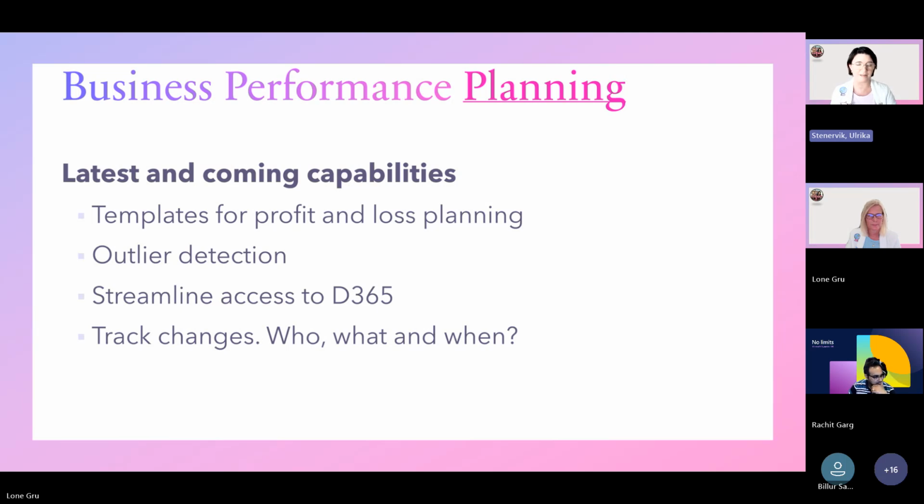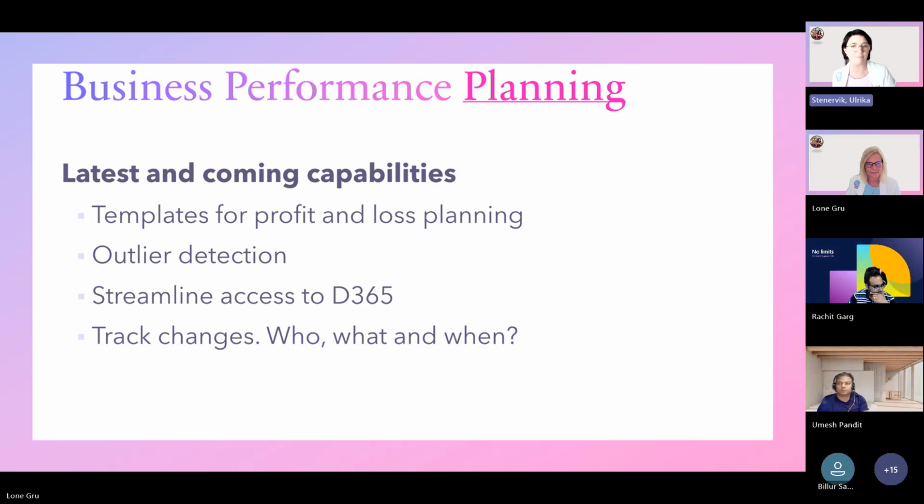That's also a possibility. The streamlined access is actually giving you access to BPA data in BPP. Super exciting as well. And then we can track changes, see who did what and when they did it. So at some point, we will probably have from demand planning to BPA to BPP, the entire thing.